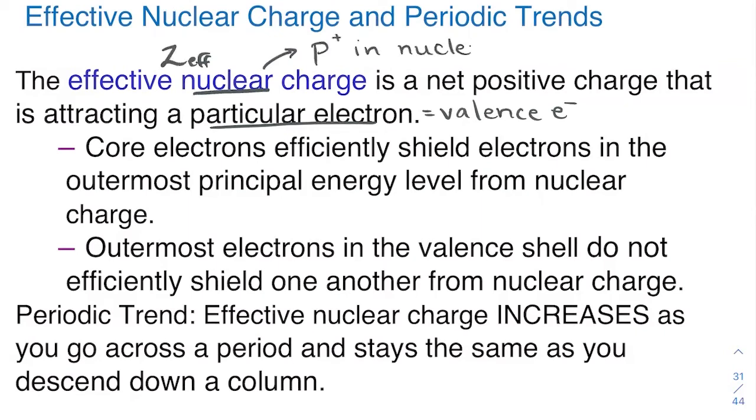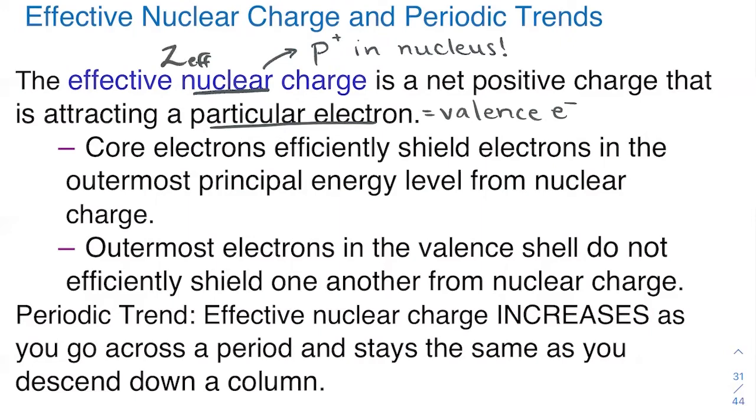And those protons are attracted to electrons. Opposites attract. So when we get into that idea of protons being attracted to electrons, the valence electrons don't feel as much attraction to the protons because of the shielding that is seen from the core electrons.